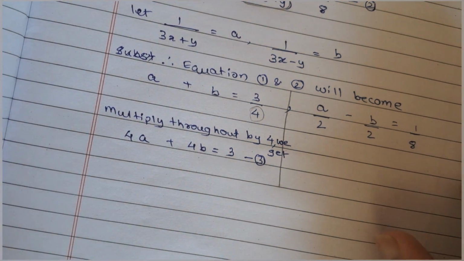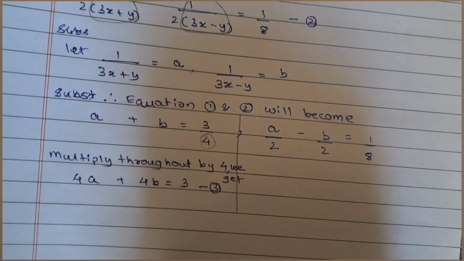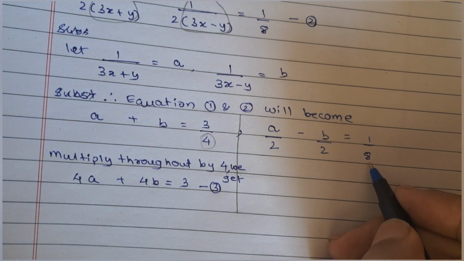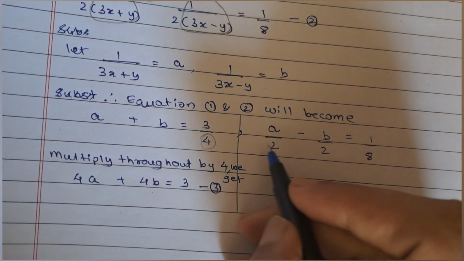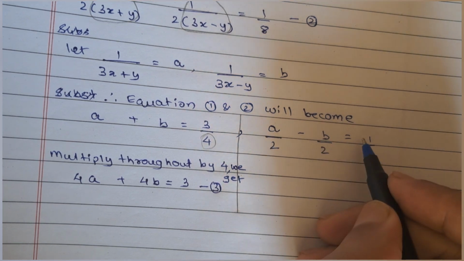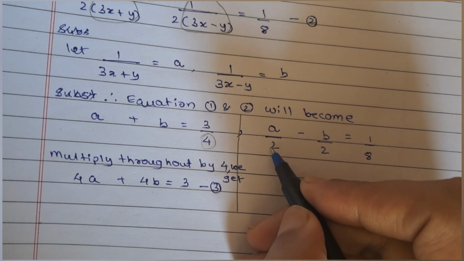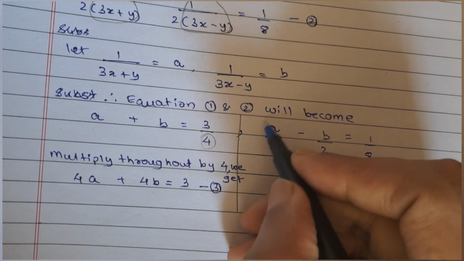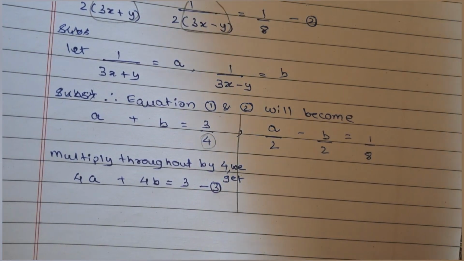Similarly over here now, what should I multiply by to get rid of these numbers? If I give it a thought, multiplying throughout by 8 should be sufficient. Why so? If I multiply throughout by 8, it will get cancelled over here, and this 2 will cancel 8, 2 4s are 8. So multiplying throughout by 8 should be enough, right?